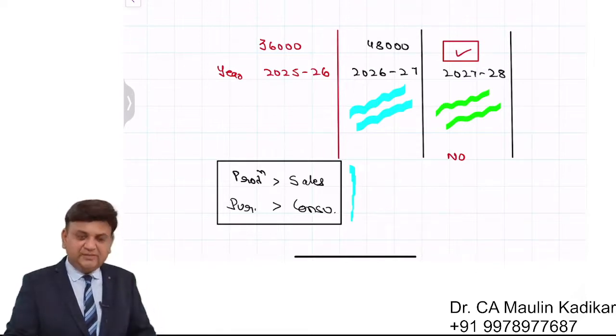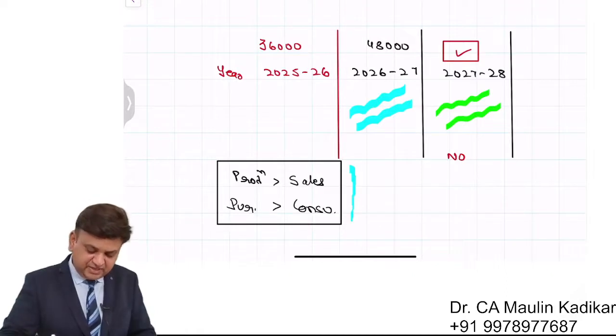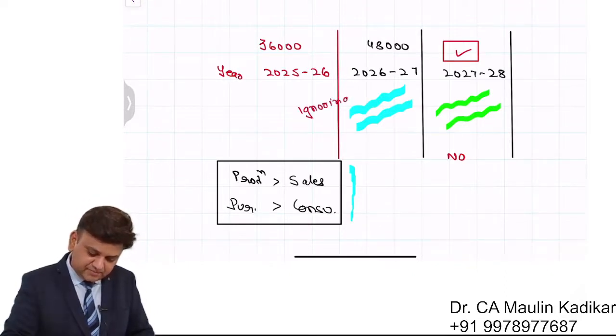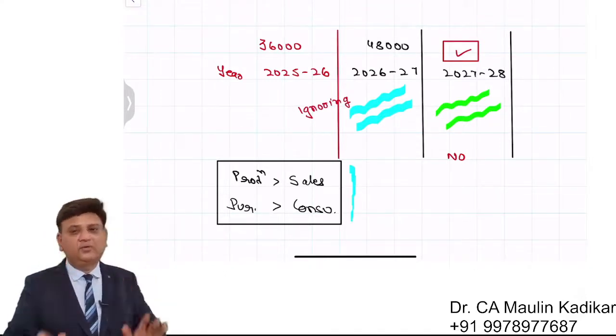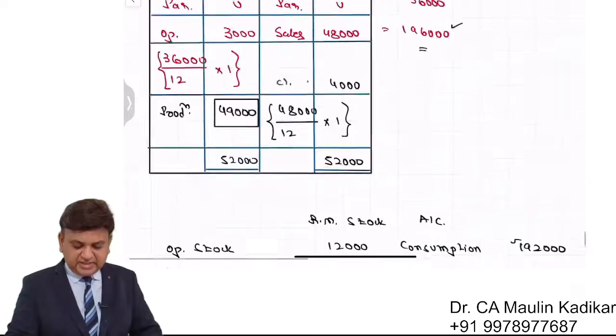So over here we are ignoring these temporary changes and considering what kind of requirement of working capital we have over a long period of time. Accordingly we make the calculation of the answer.